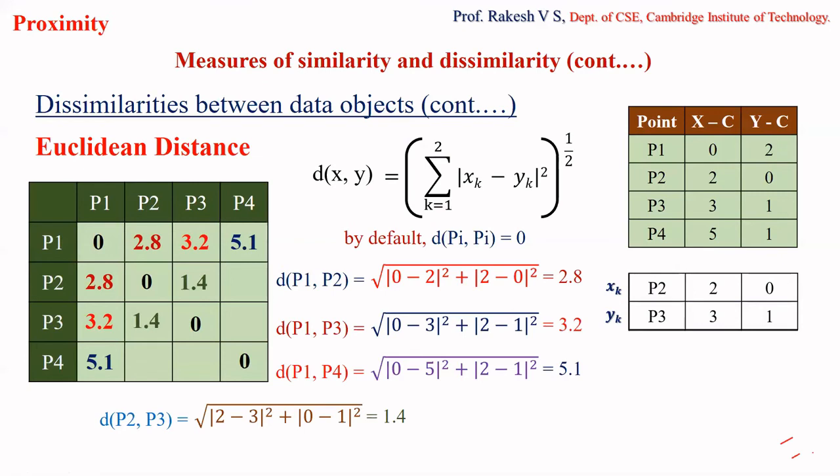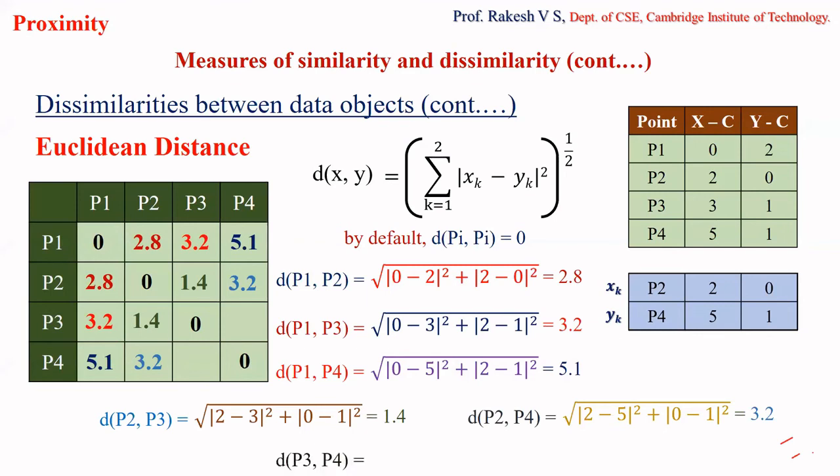I'll tabulate 1.4. Next, I'm going to consider P2, P4. P2, P4 values are 2, 0 and 5, 1. So it is the square root of (2 minus 5) whole square plus (0 minus 1) whole square, which is nothing but 3.2 again. So I've tabulated it. Now I have to find only the distance between 3 and 4.